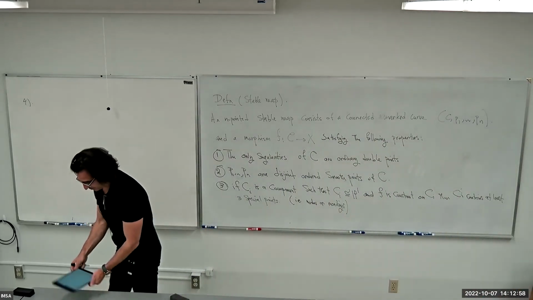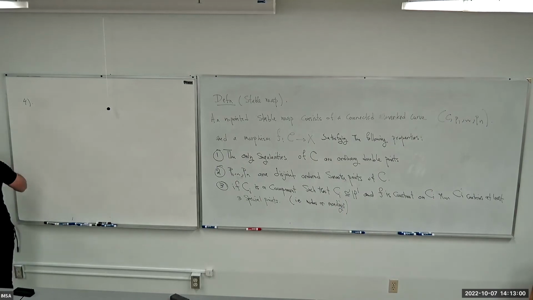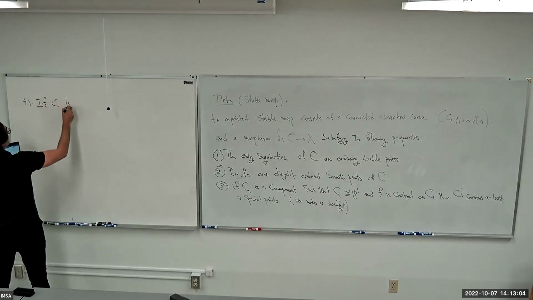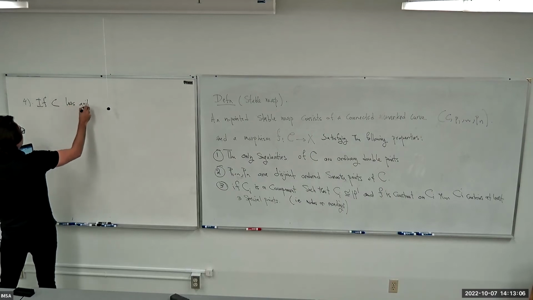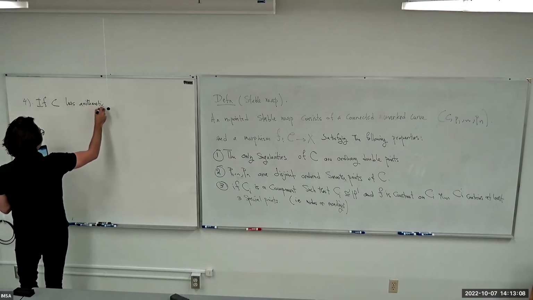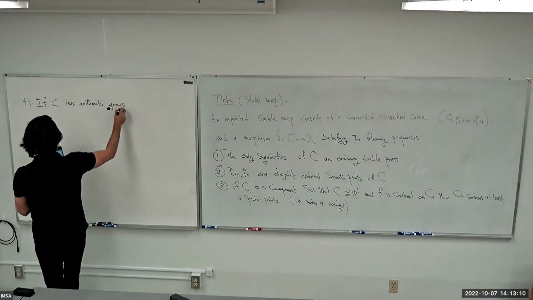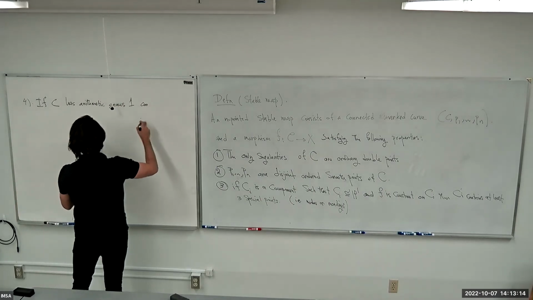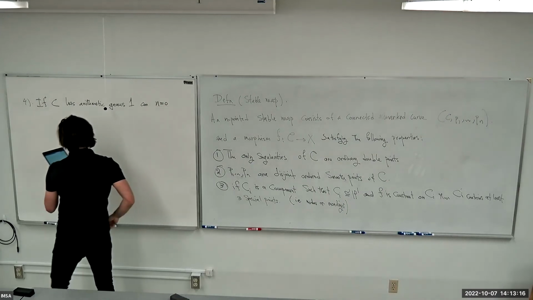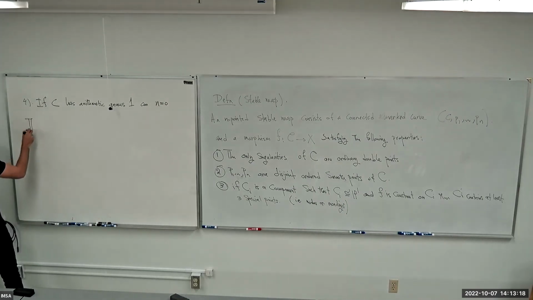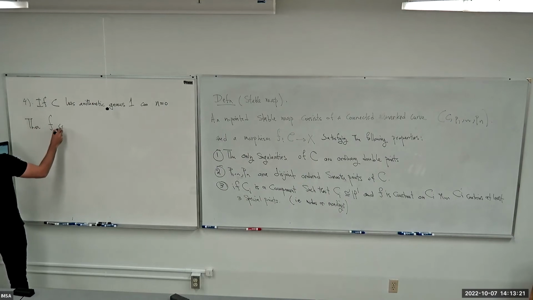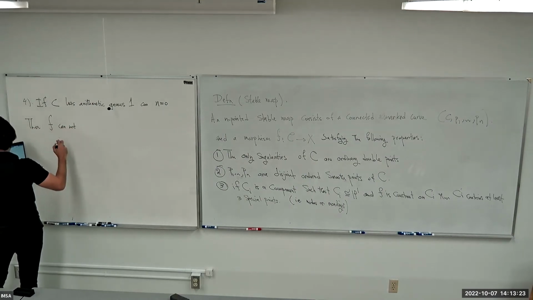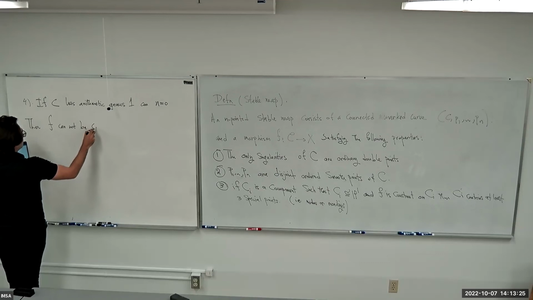All right. So number 4, if C has arithmetic genus 1 and n is equal to 0, then f cannot be constant.